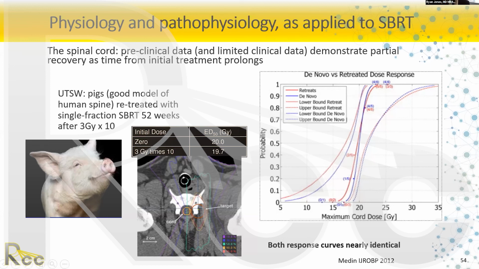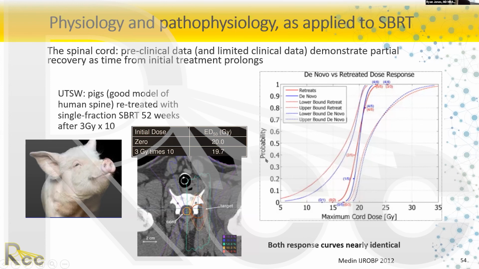So blue, first treatment, ED50 maybe 20 gray, exactly like the rats and other animals have consistently demonstrated. On the retreatment one year later, after 30 gray in 10, it was nearly identical. The spinal cord in the pigs nearly completely forgot the prior dose and behaved clinically as though it had not been treated before, at an ED50 of 19.7.